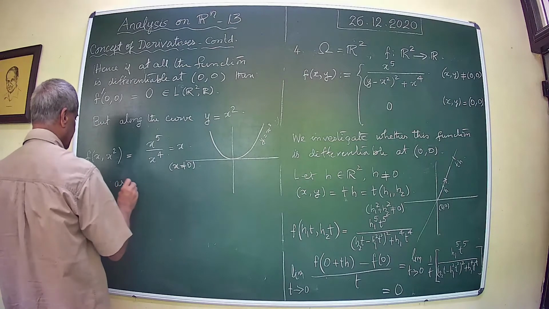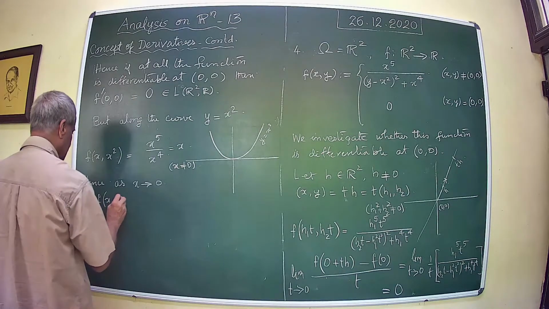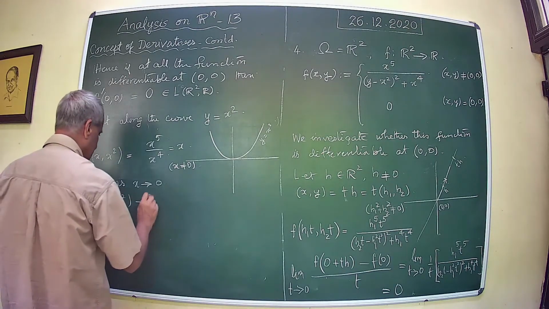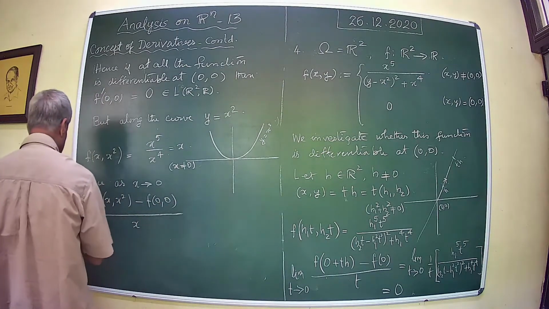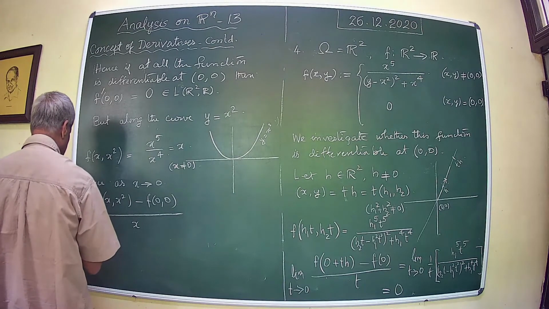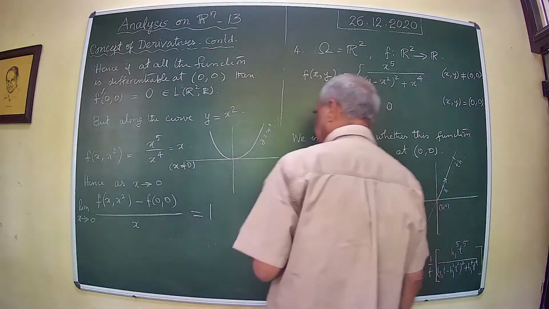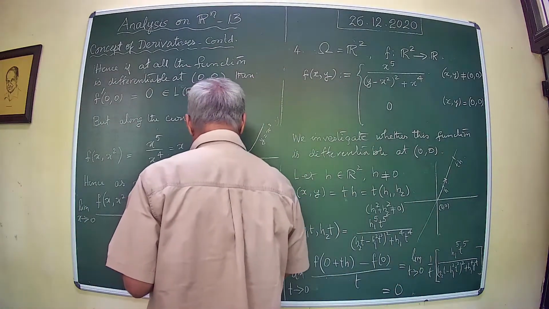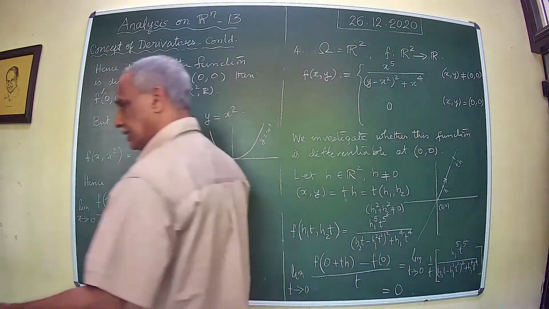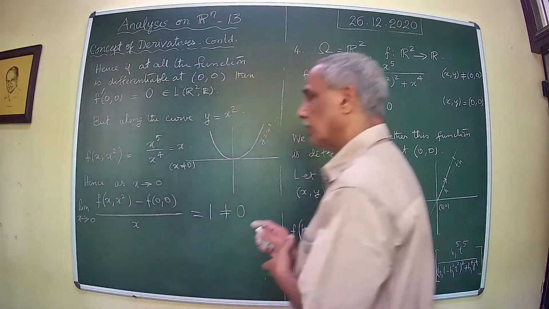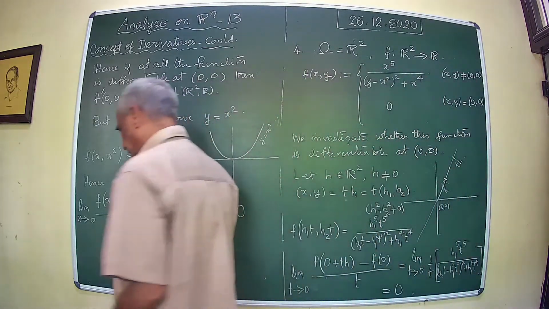Hence, as x tends to 0, and this is not 0. So the directional derivative or the derivative computed along this curve is not equal to 0. Therefore, you see that the function is not differentiable.